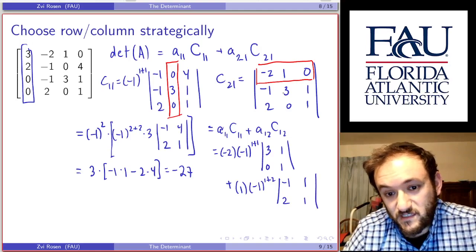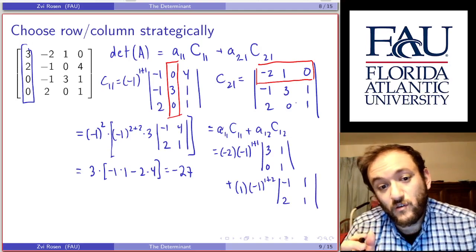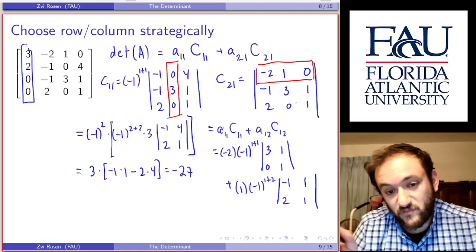That's the subdeterminant. That's the submatrix you get when you omit the first row and second column.